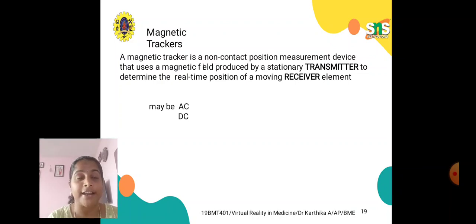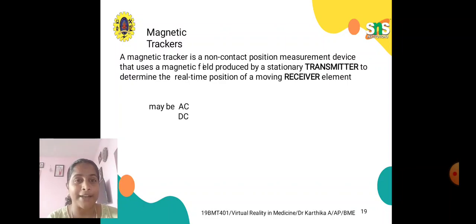It is a non-contact position measurement device that uses a magnetic field produced by a stationary transmitter to determine the real-time position of a moving receiver element. It might be AC or DC. See here, the trackers are used to calculate the coordinates of the real world as well as the VR world.